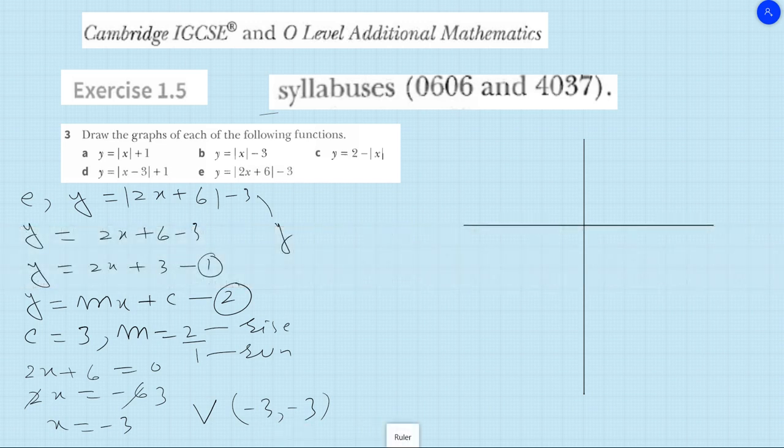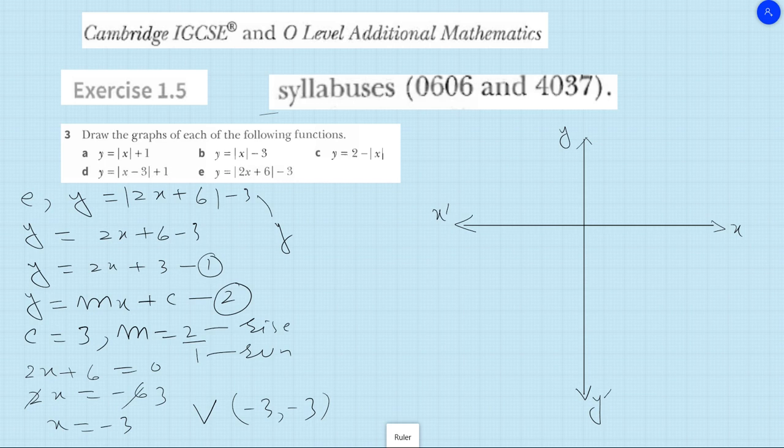This is our x-axis, negative x, positive y and negative y. First look at the y-intercept. The y-intercept is 3.